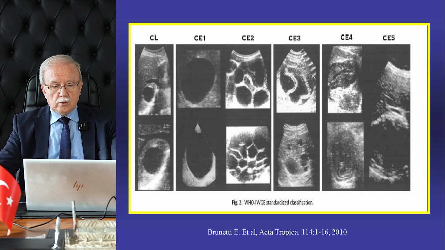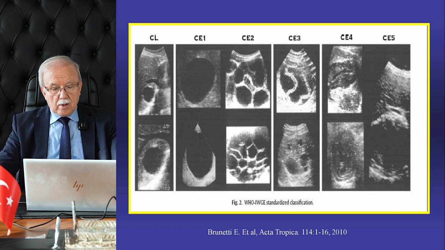CE type 2 is like a honeycomb, with many septa. Type 3, CE3, shows a germinative membrane disturbed or separated, detaching from the border.